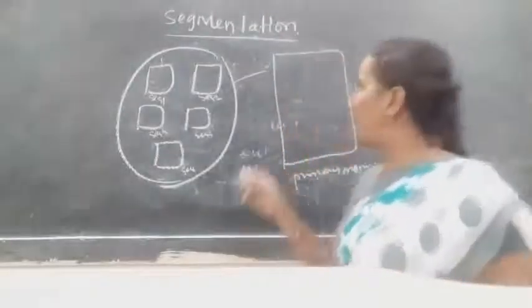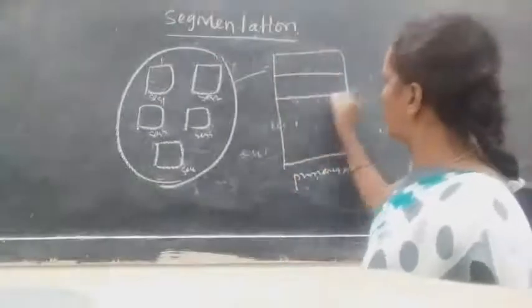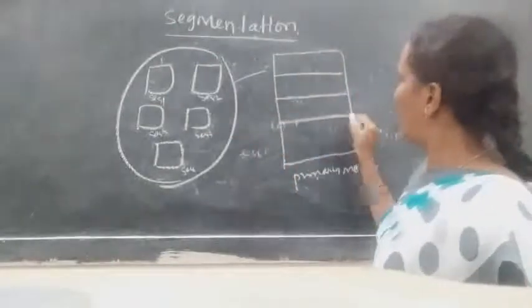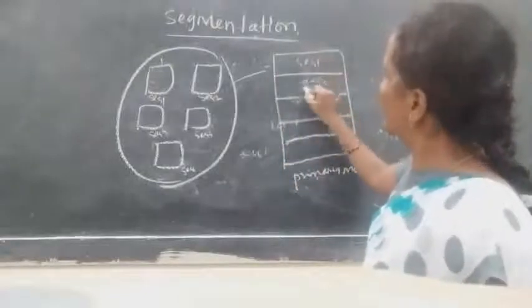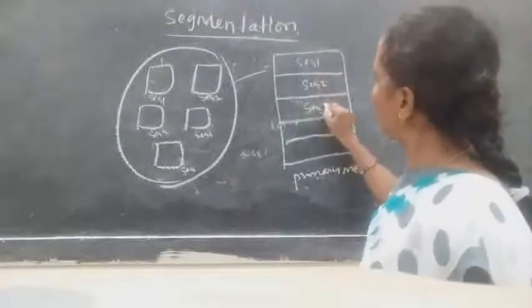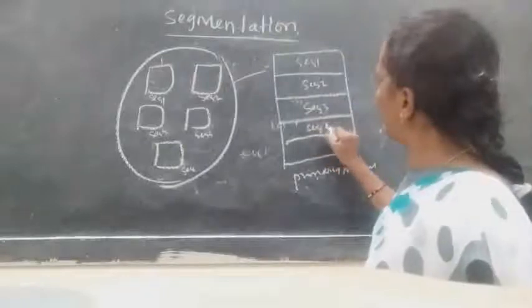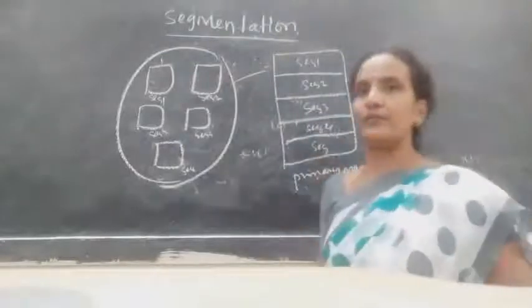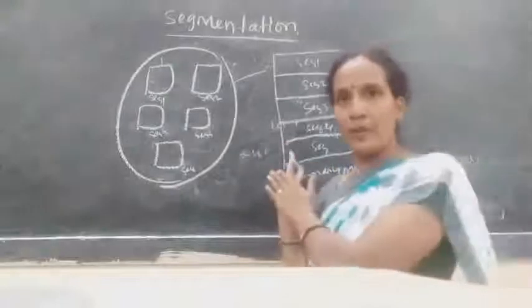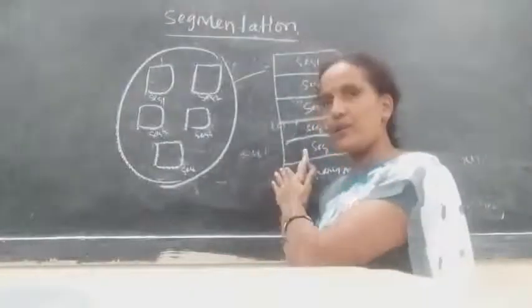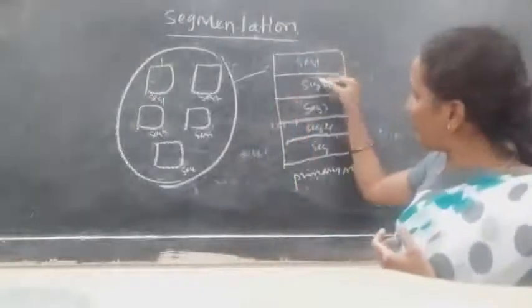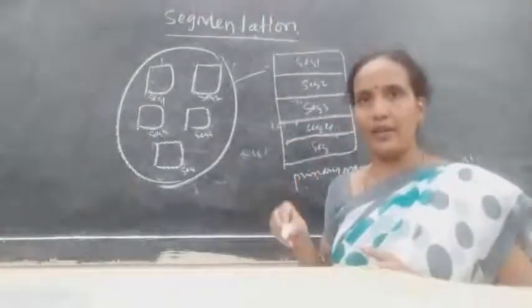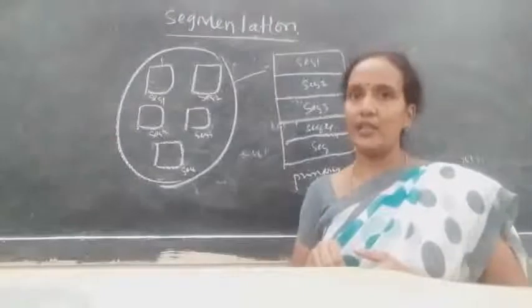Now, how many segments do we have? Five segments: segment 1, segment 2, segment 3, segment 4, segment 5. This is your primary memory. From the primary memory, the CPU will take the instructions, and each segment is identified with the segment number.